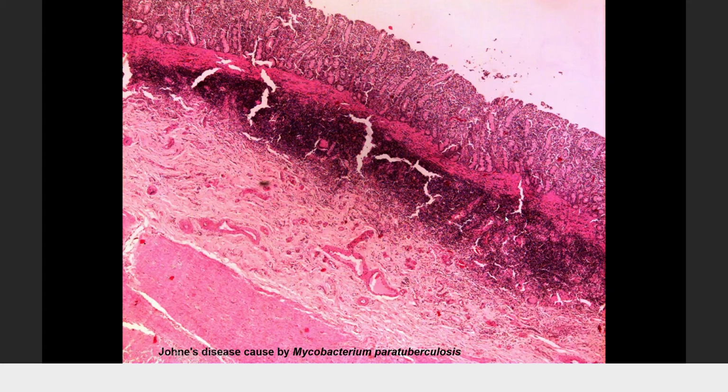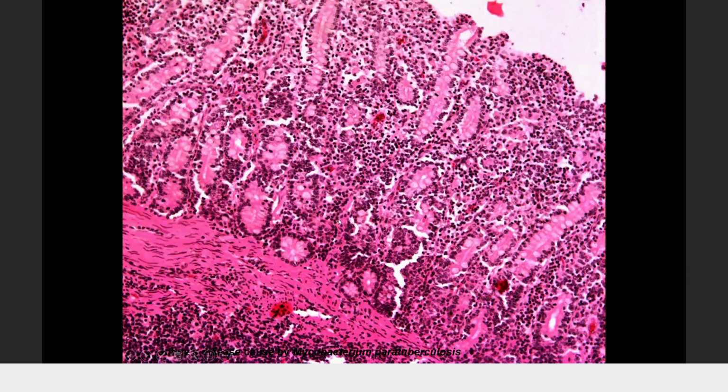Then we move further. Here you can see a lot of inflammatory cells in the submucosa, particularly mononuclear cells, but also in the lamina propria of the intestine. Those black dots are inflammatory cells.